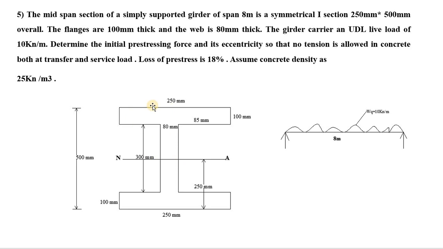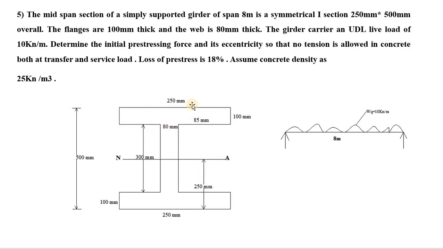See, to find out the moment of inertia for this I section is a bit difficult. So what we are doing is, I am considering this I section as a complete rectangle. I am just going to cover this portion, and this portion. I am considering this as a whole rectangle.